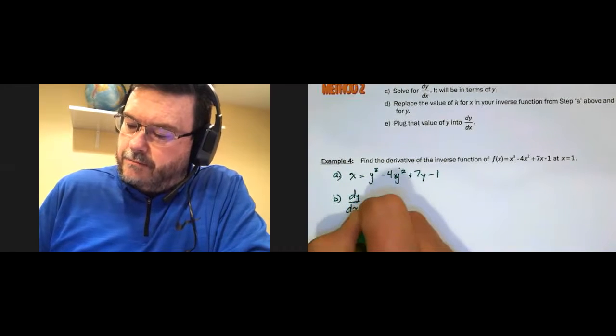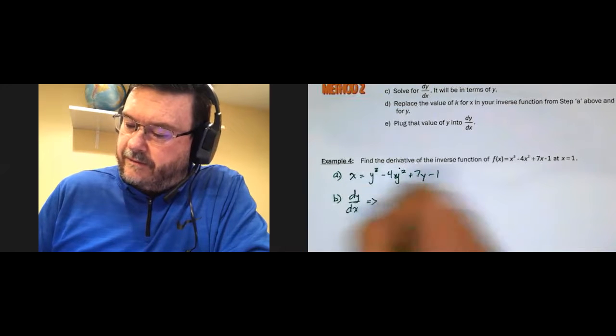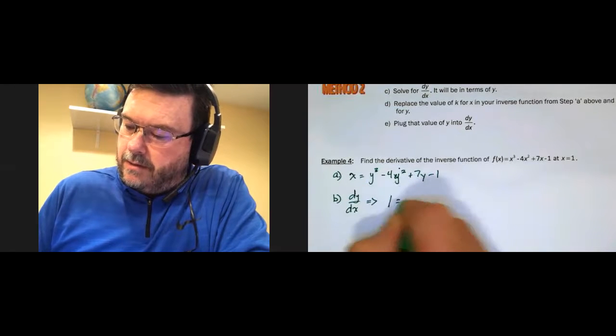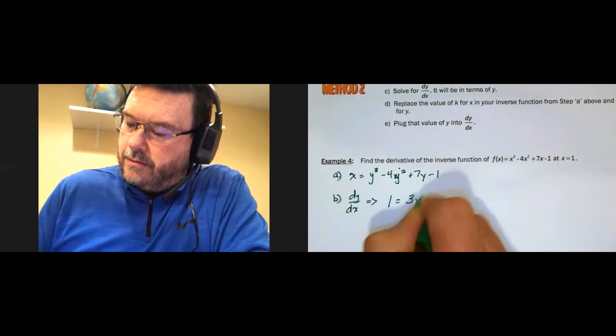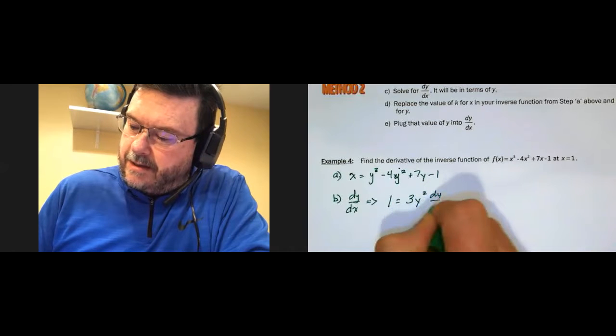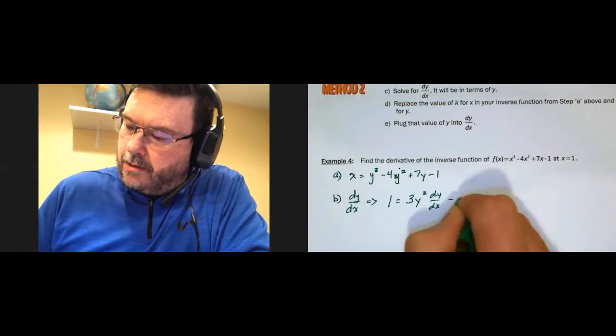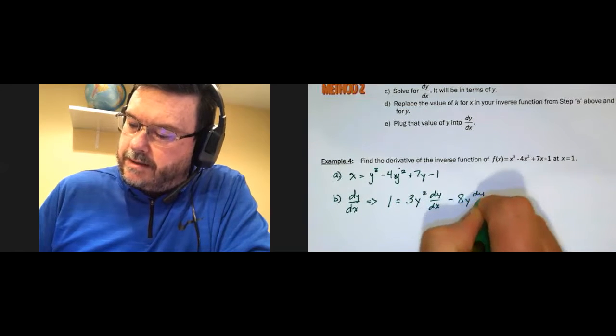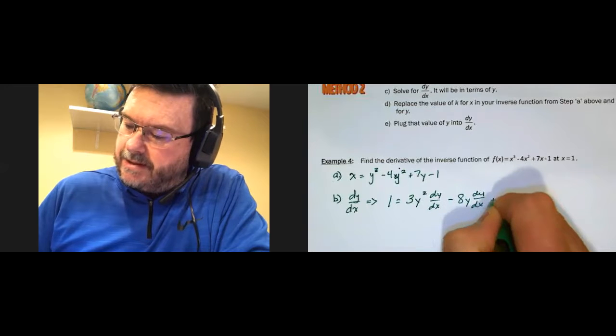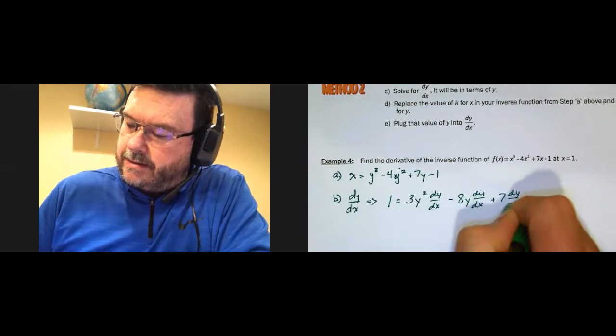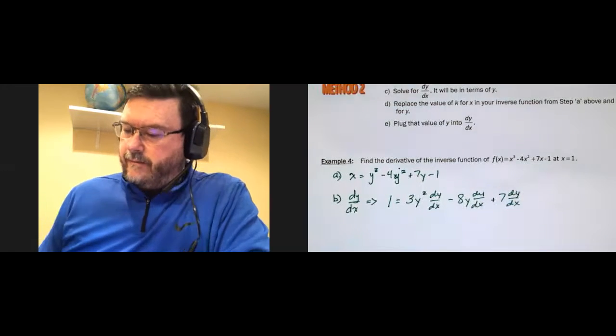Okay, so implicitly means that I take the derivative of everything in terms of dy dx. 3y squared dy dx minus 8y dy dx plus 7 dy dx, and the derivative of minus 1 is 0.